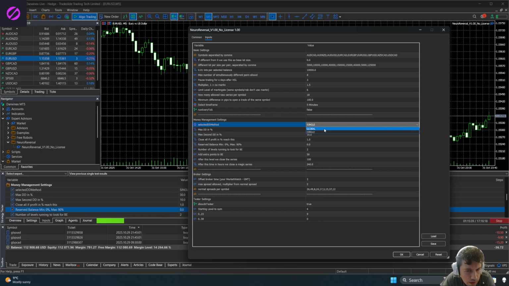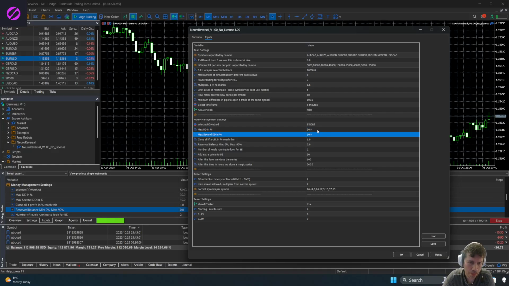So if you set global, that means that when all the symbols together reach 30% drawdown, we will close everything. If we set single, we need to reach 30% drawdown in a single symbol, and we will close only that symbol. Then we have a second drawdown.